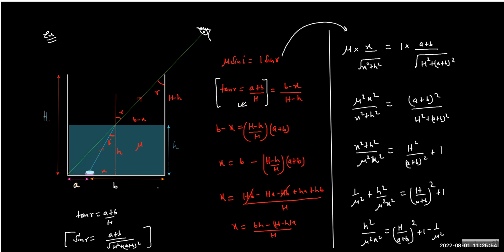Okay. So we can go to the next concept. One question which is again very common is called the mirror problem. A slab with a silvered surface.